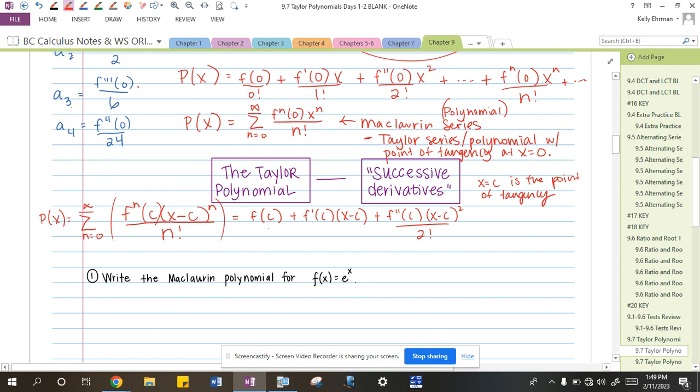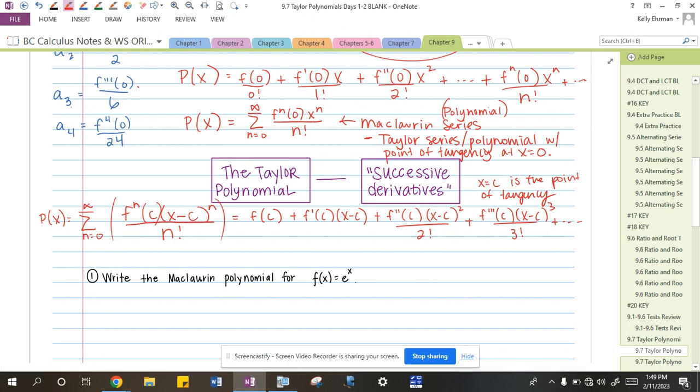I didn't write the over 0 factorial or over 1 factorial. That's optional. I'm going to write one more term: plus the third derivative at c times x minus c to the third over 3 factorial. You could carry this on forever, right?